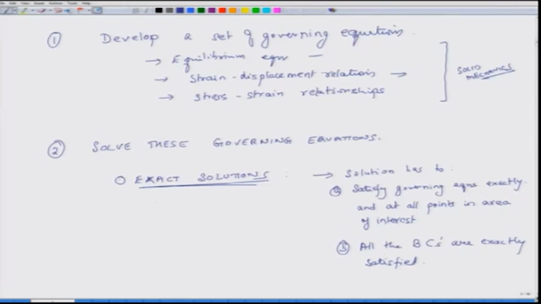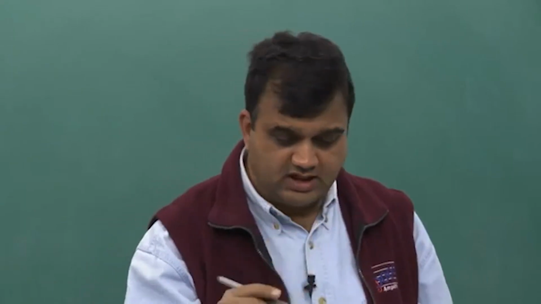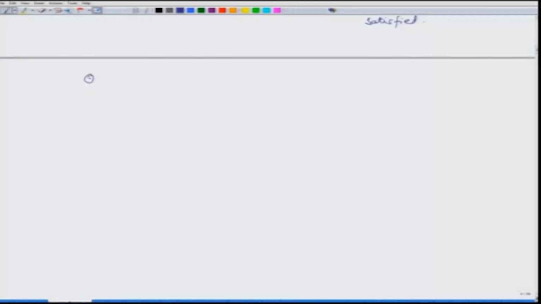So, if the solution is exact, then our error will be 0. That is the first set of solutions, but in most cases, unless our problem is very simple, these exact solutions are not possible. So, then we go for approximate solutions.